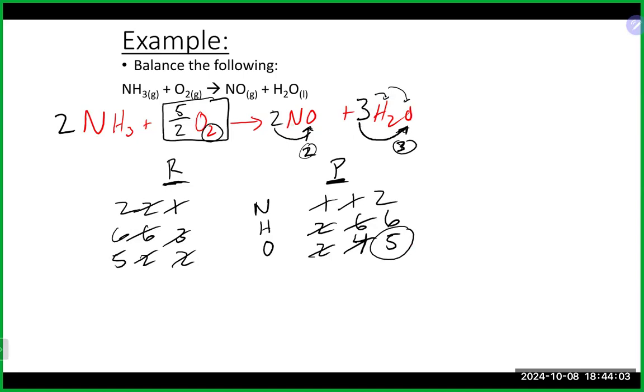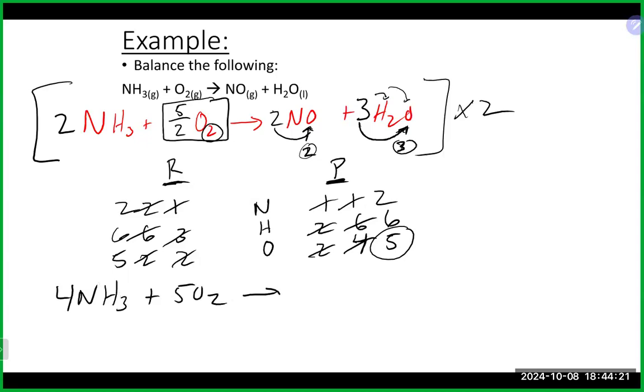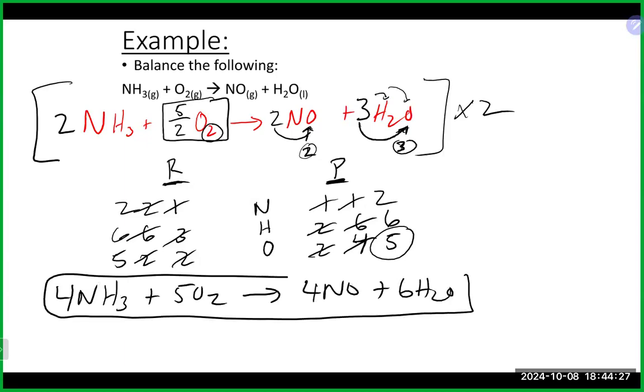Once again, although we can use a fraction here, we do need to clear the fraction by multiplying everything by the denominator, which is multiply everybody by 2 in this case. And that will give us, looks like 4NH3 plus 5O2 gives me 4NO and 6H2O. And once again here, if we didn't mess anything up, we should still be balanced.